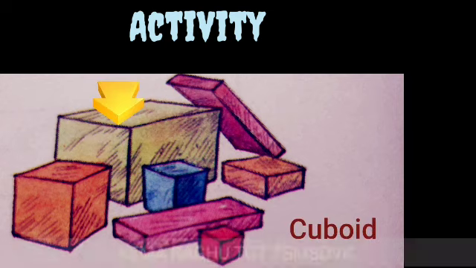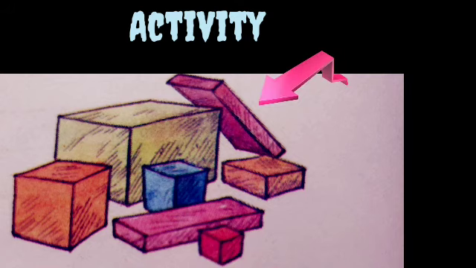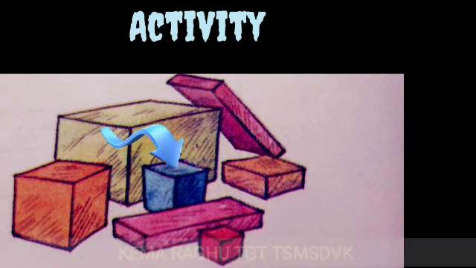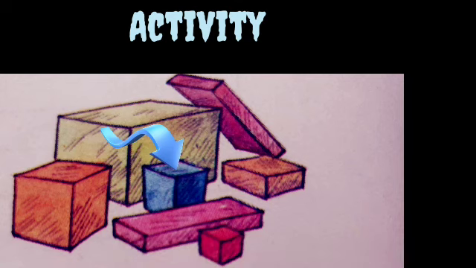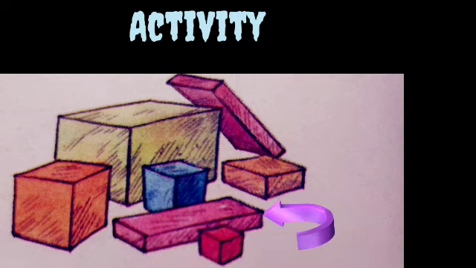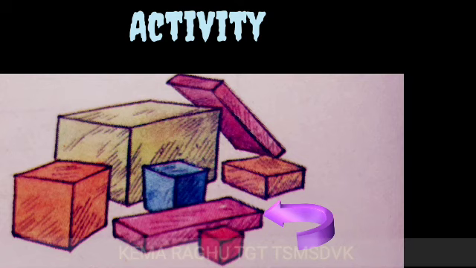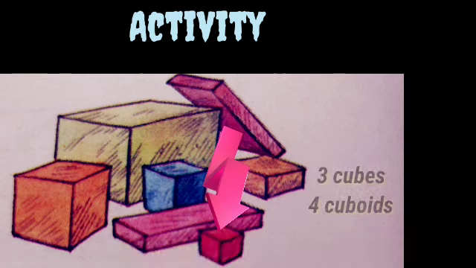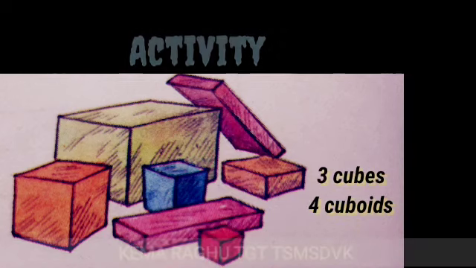And you can notice the yellow color box, which is a cuboid, and the pink is a cuboid, and the blue is a cube, and the orange is a cuboid, and the purple one is a cuboid, and the red one is a cube. Those are 3 cubes and 4 cuboids.